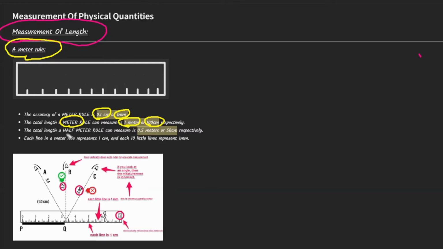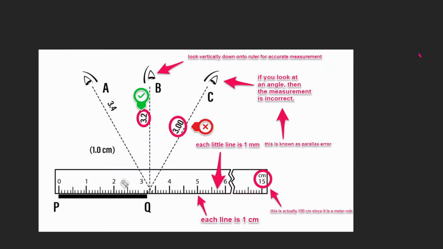Similarly, the total length a half meter rule can measure is, as you can tell, half of a meter or 50 centimeters, because it says a half meter rule. And lastly, what does each line in a meter rule represent? Each one of these big lines right here, the 1, the 2, or the 4, each one of these represents 1 centimeter.